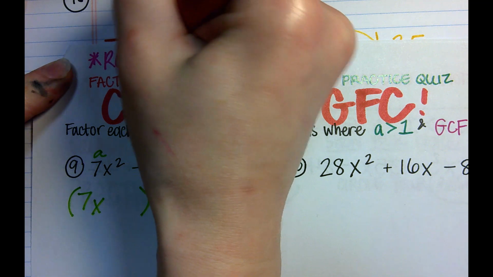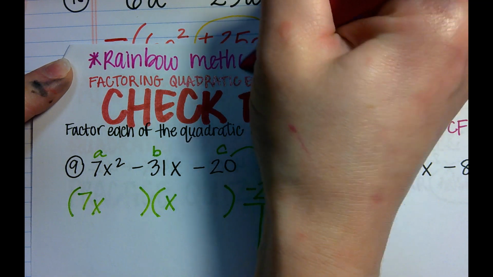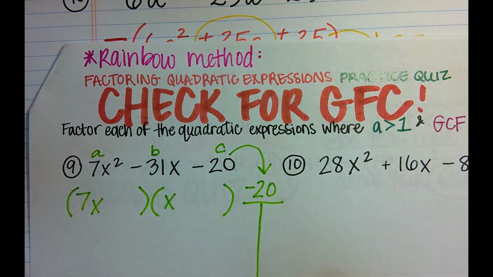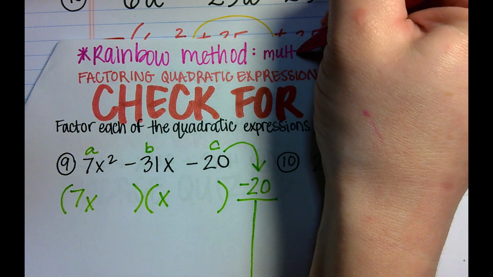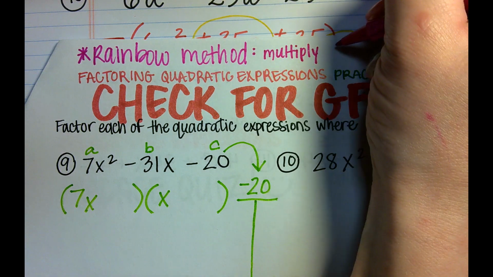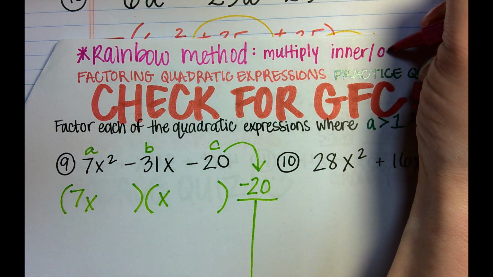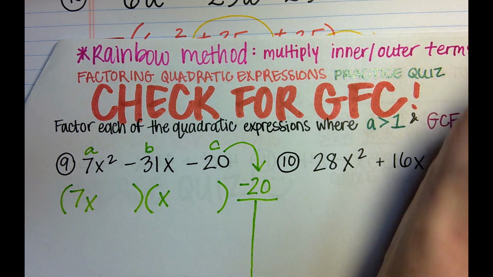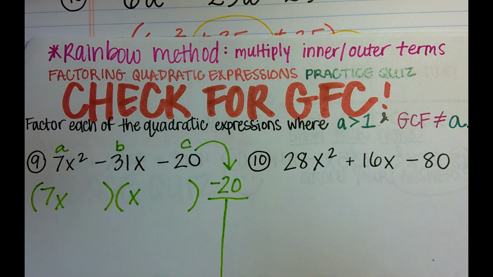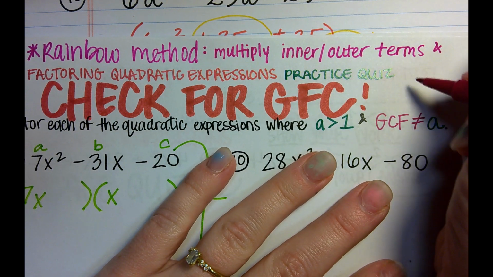So I'm just going to write that. Rainbow method. So we multiply inner and outer terms and add them together.